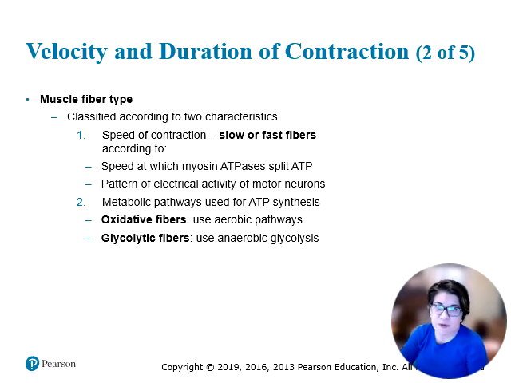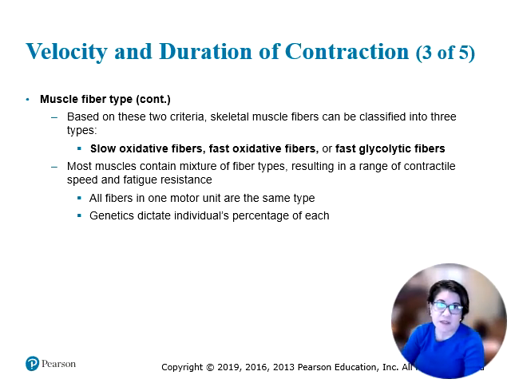And then you have the metabolic pathways. There are fibers that are better at using aerobic pathways, which are the slower ones, and then there are fibers that are better at glycolytic, which are anaerobic, which are like the lactic acid pathway. So you can have slow oxidative fibers, or you can have fast oxidative fibers or fast glycolytic fibers.